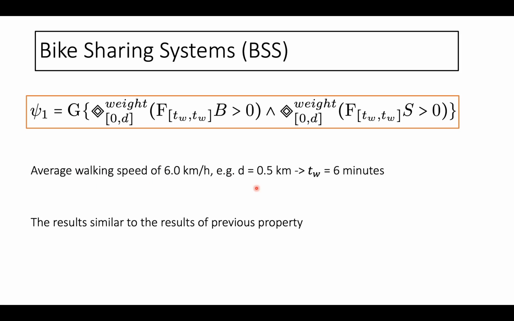That means that if we are evaluating a distance of 0.5 kilometers, then we are considering a walking time of 6 minutes. Checking this property over our bike sharing system gives results similar to the previous property. That means that in that case, for the values that we have chosen, there is not much difference between looking at time 0 or after the walking time.